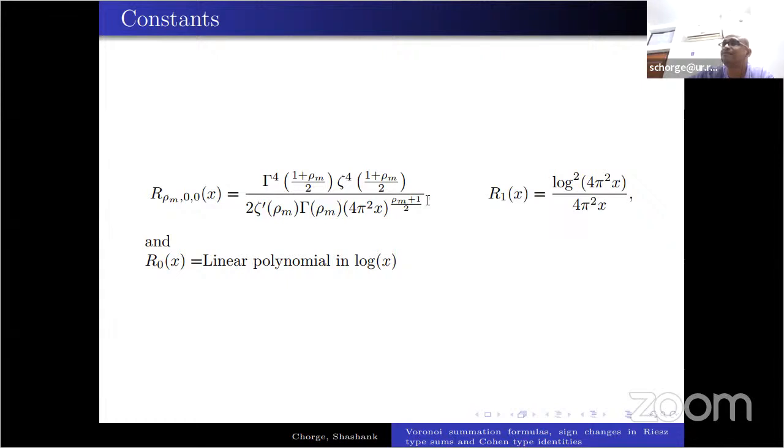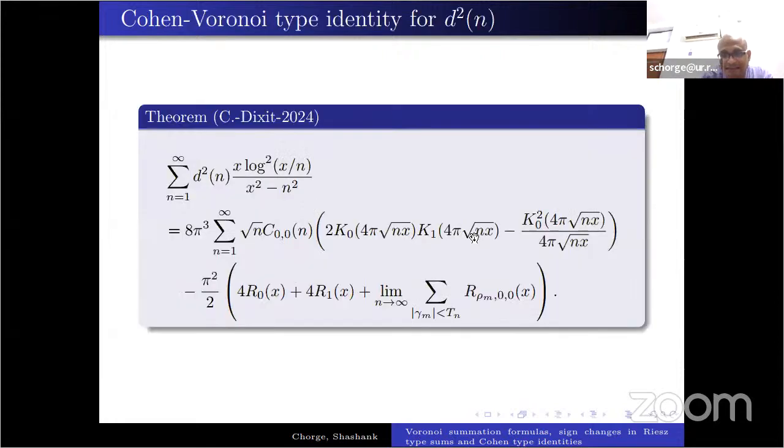If we try to apply it, I'm not going into too many technicalities because that will take a lot of time. But the problem we encountered was this infinite series that we are seeing here.